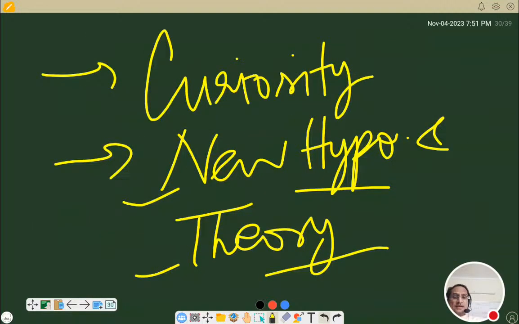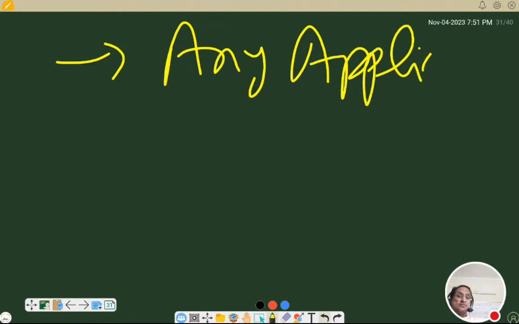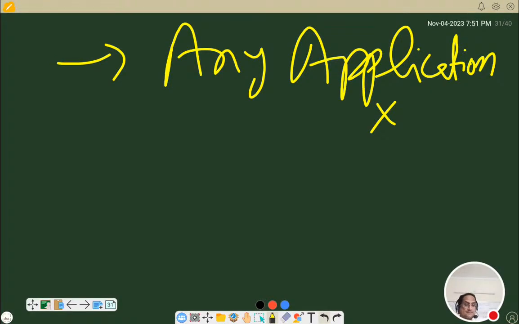The researcher is not bothered about the application. They are just doing the research. And sometimes accidentally or deliberately a new theory is born.